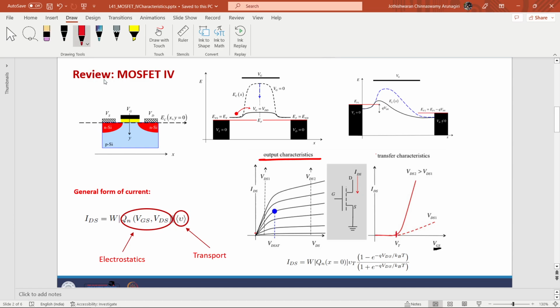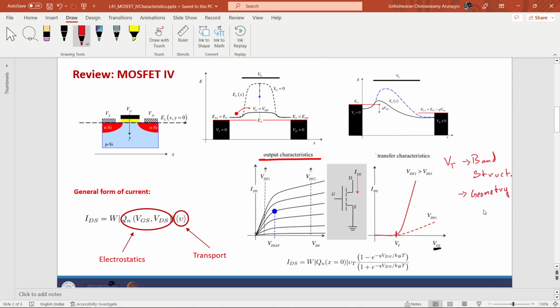So, primarily speaking, VT will depend on the band structure of the gate. Since I'm seeing the band structure, the Fermi level and the conduction and valence band energies all go in there, and the geometry.